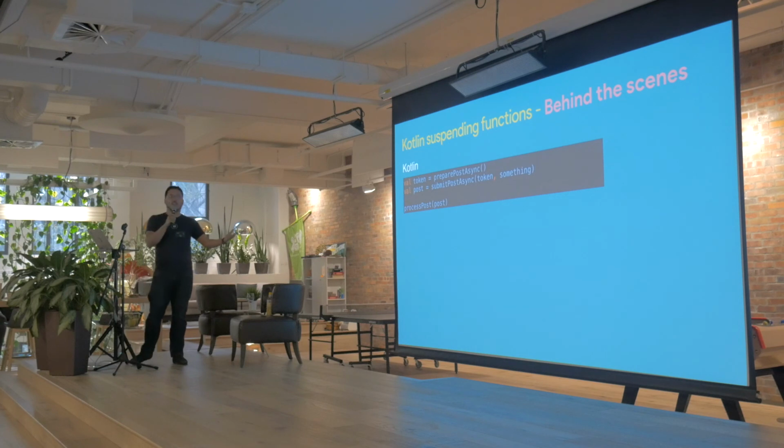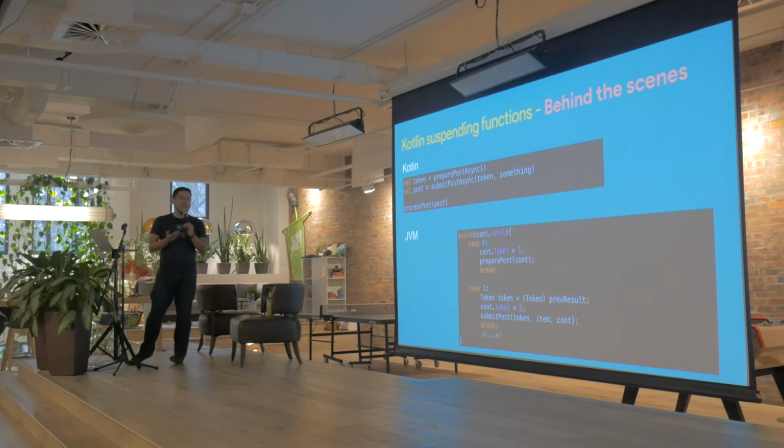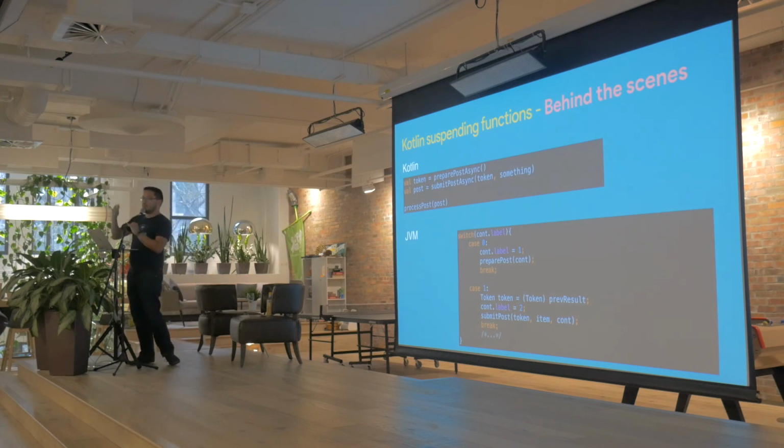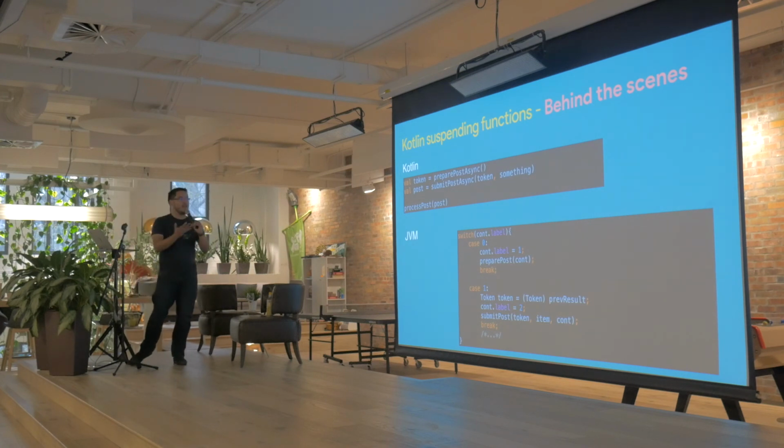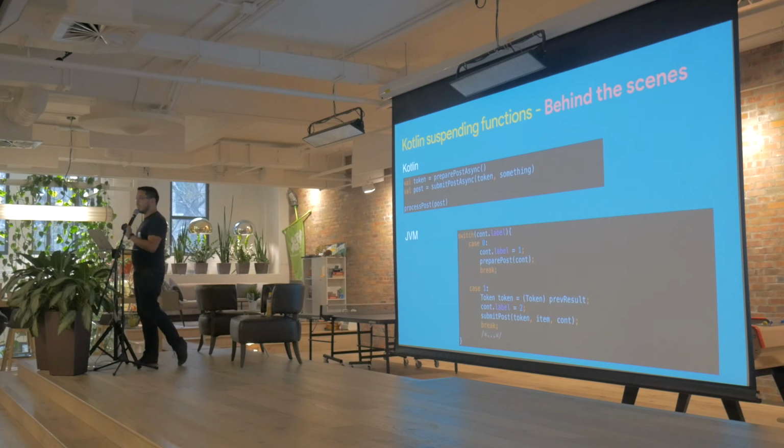So how does this block of code work if I'm calling it in a coroutine builder? What it does is transform that into a state machine. When you go see the Java code of that, it basically puts that on a switch, and it puts every step of that block of code in different cases.